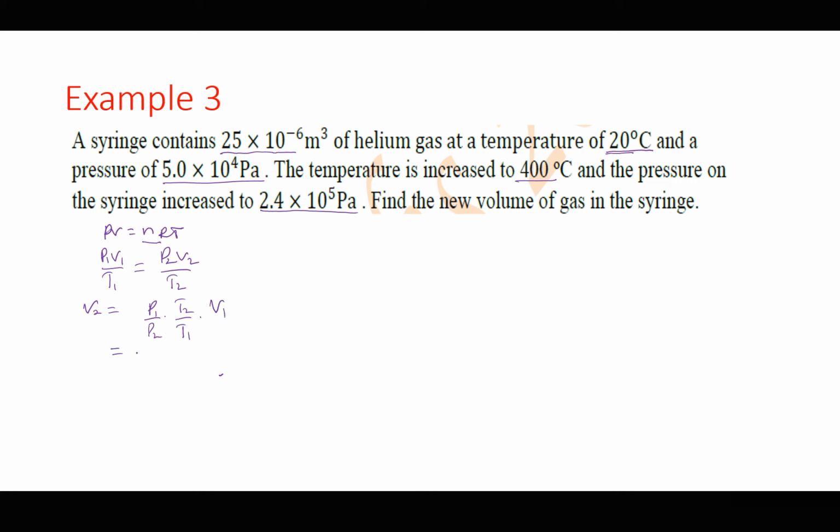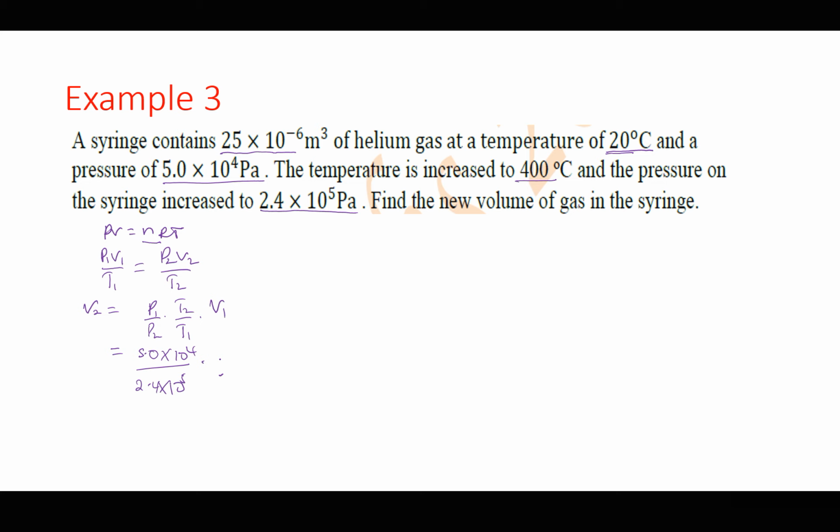I'm now substituting. The reason why I've written these fractions is because the units will change, but the units of pressure will not change by dividing. The temperatures, however, must be converted. So I'm now substituting pressure. The first pressure is 5.0 times 10 power 4 pascals divided by 2.4 times 10 power 5 pascals.